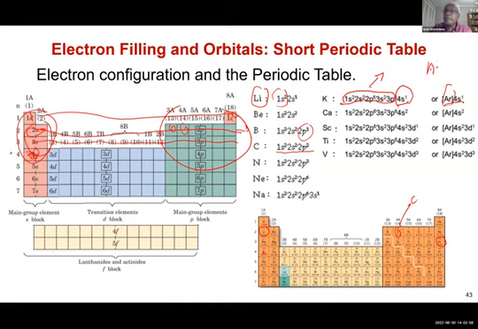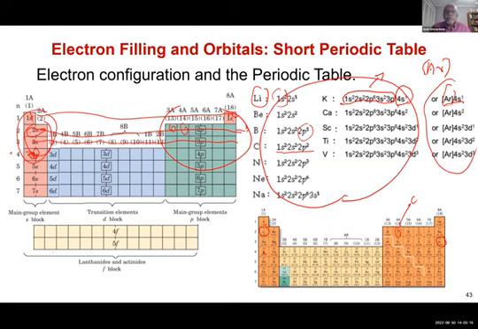Argon with the square bracket. You see that? Therefore, electronic configuration could be written in full, or made shorter by putting square brackets and going backwards to find the noble gas element before potassium.